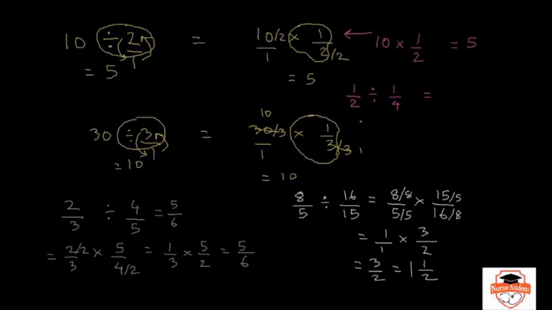You know what to do. 1/2, division changes to a multiplication. 4 goes on the top, 1 comes on the bottom. So you have 1 times 4 on the top. You could cross reduce, but this is pretty simple. And then 2 times 1 on the bottom, or you could do 4 over 2 and 2 over 2. Ultimately, what you have is 2 over 1, which is 2. So when you're dividing 1/2 with 1/4, the answer is 2.